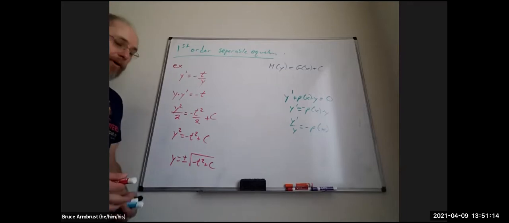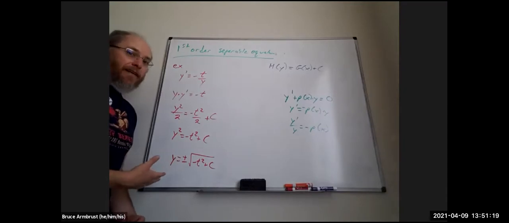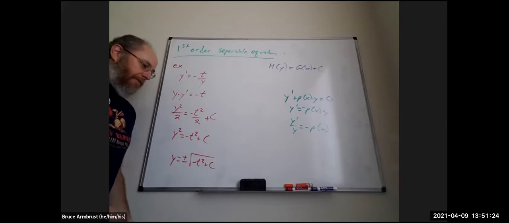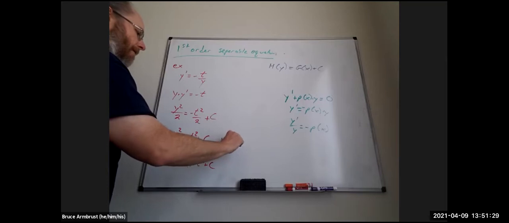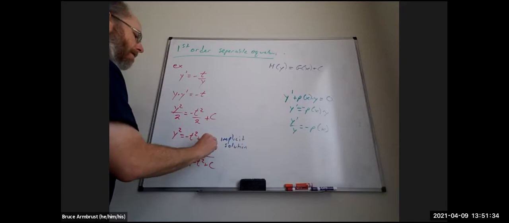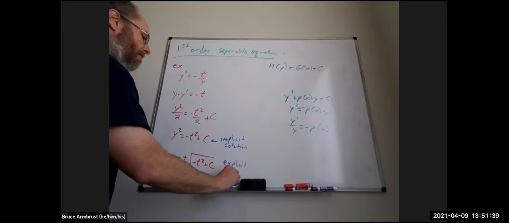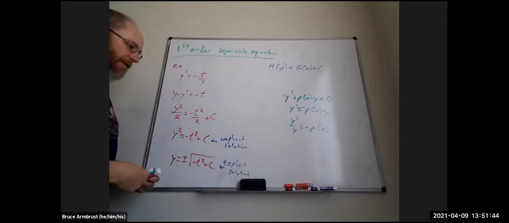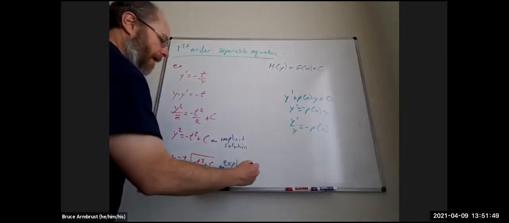All right, so both of these are perfectly fine for our solutions. And we have names for these different forms. The first one, this is what we call an implicit solution. The second one is an explicit solution. And really all this means, explicit means that it's solved for y.